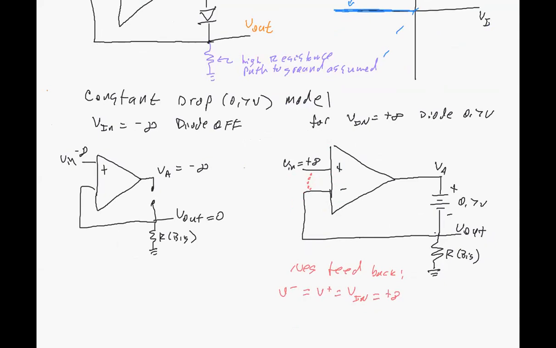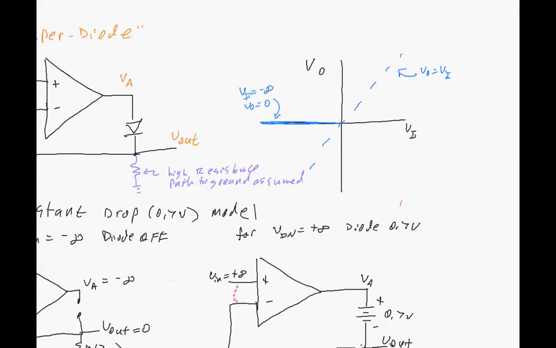No matter what voltage and current the op-amp needs to supply to VA, it will cause this pin to be exactly the same as that pin. That's the op-amp's job. And so we'll have output equal to input, and it will go all the way to 0.